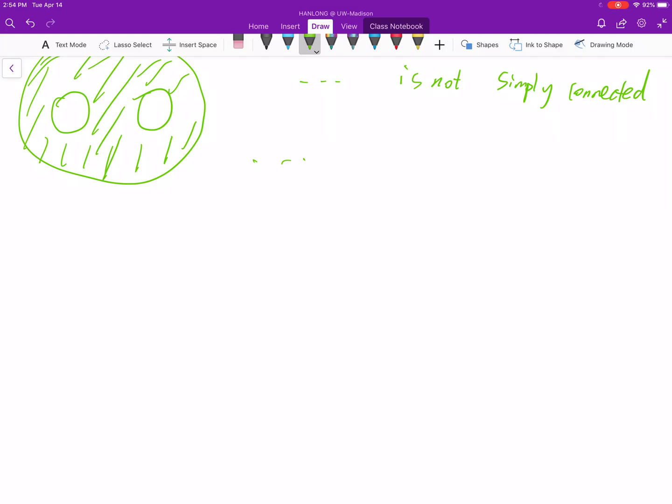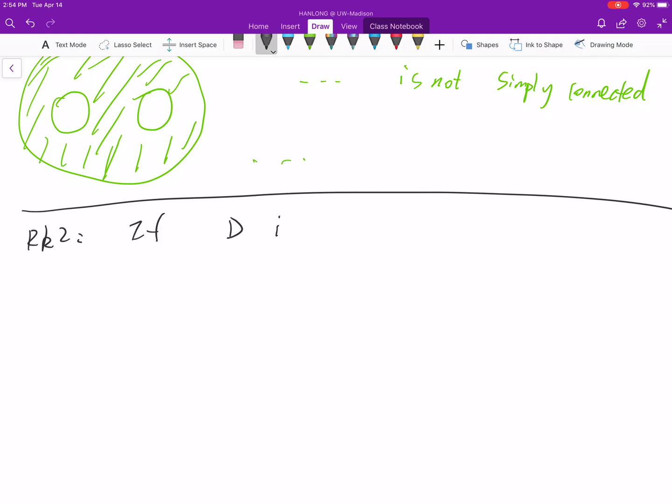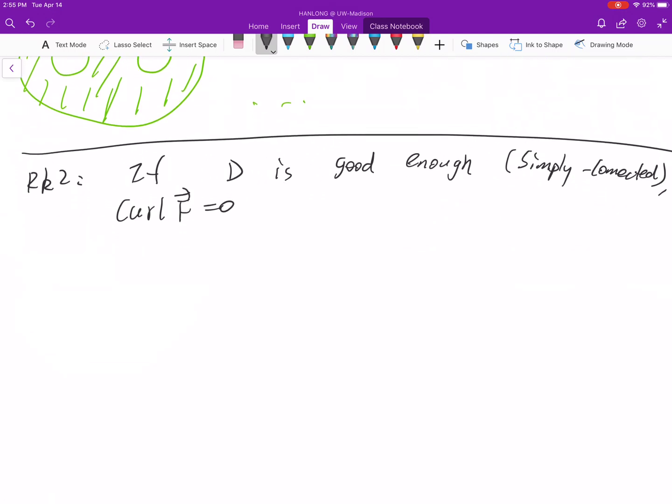Okay, and so what does the theorem really mean? Let's make a second remark. If D is good enough, simply connected, and curl F is 0, then F is a conservative vector field. In practice, how do we apply this theorem?